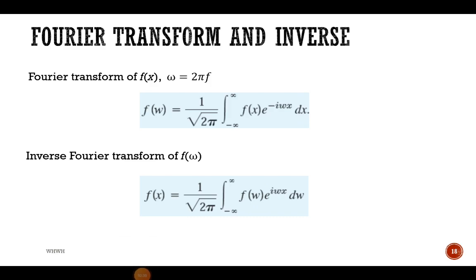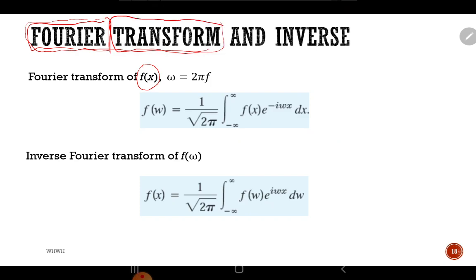Okay, so now we go straight. What does Fourier transform mean? We have discussed Fourier series before, but we have not yet discussed Fourier transform. Previously, for every function f(x), we had its Fourier series. But now, for every function f(x), we are going to find its Fourier transform.